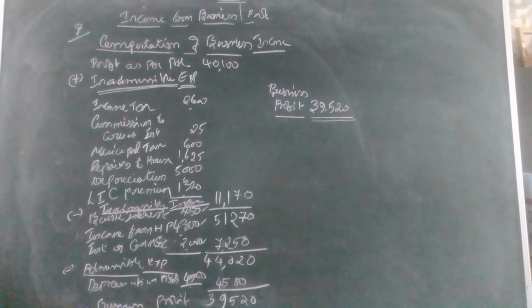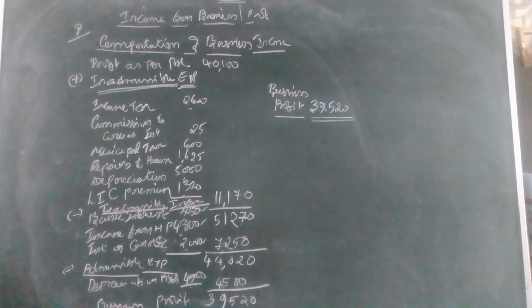But at the same time, you should also know that insurance premium for the business, theft insurance, cash in transit insurance, business transit insurance, the business premises insurance, the premiums for those insurance policies are admissible, whereas LIC premium paid is an inadmissible expense, right?